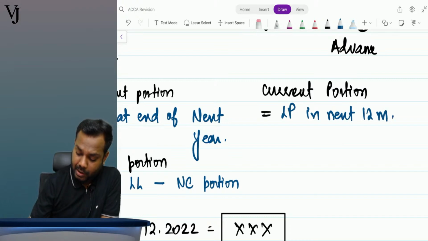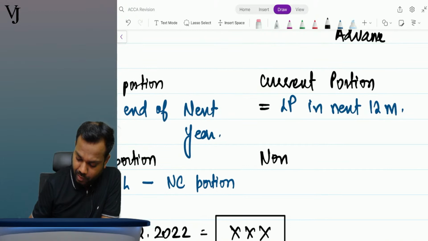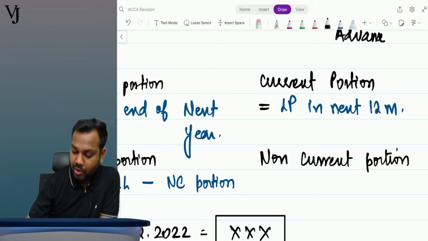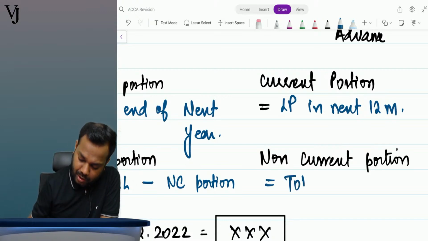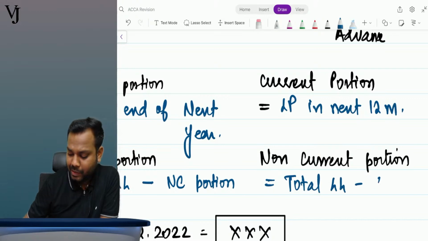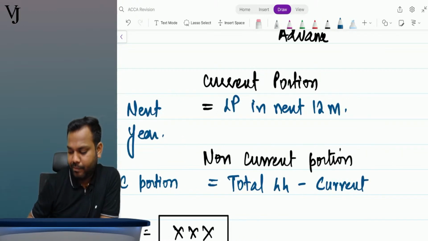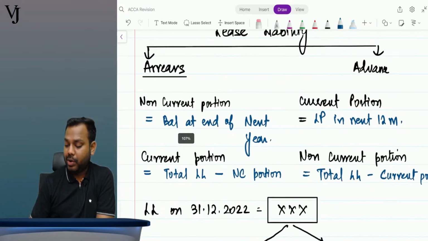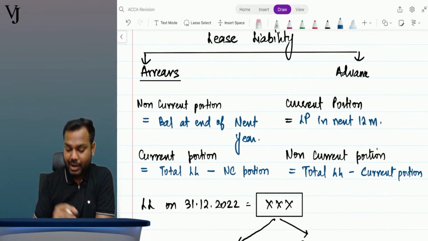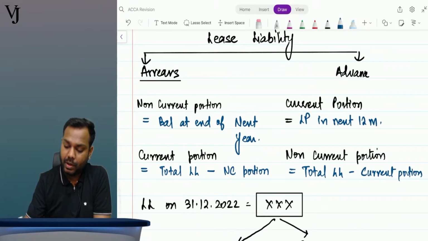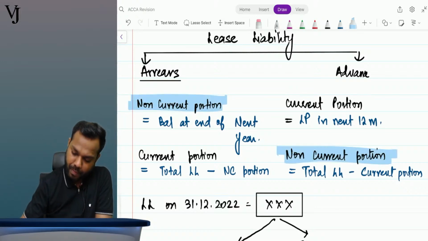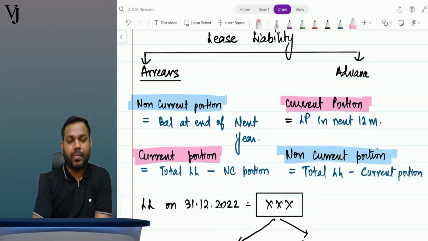And what is the non-current portion? The non-current portion will be equal to total lease liability minus current portion. Just have a look at it and tell me, is it clear, everyone?